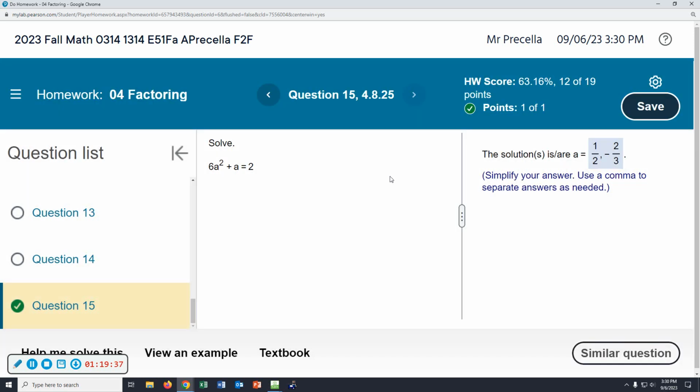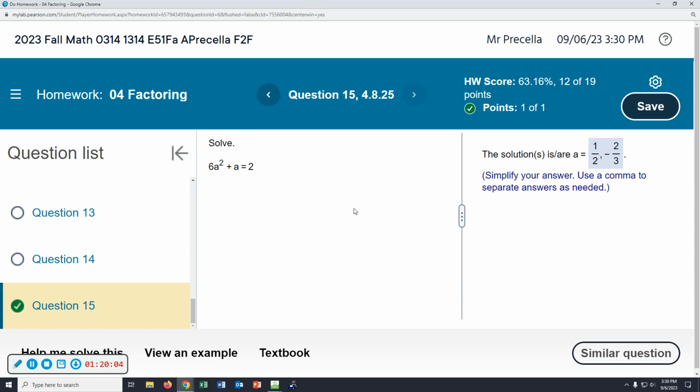Okay. I know the programmer must have thought he was doing a favor for students, but no, not really. Because I used to be able to tell people, never put a comma in the denominator, they'll count it wrong. Well, now, most of the time, if you put the comma in the denominator, it'll be wrong, but there are a few where it does accept it, and that sort of gives you the wrong idea.